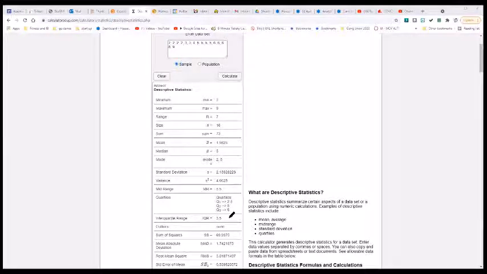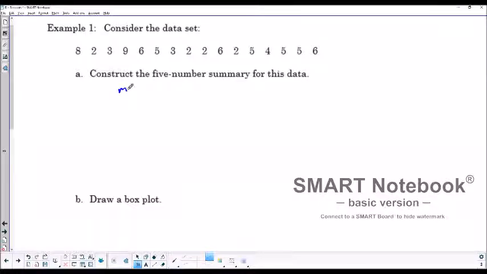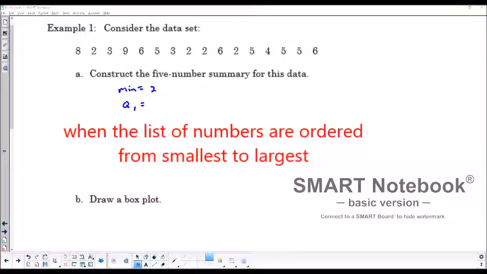and put in all the values here and draw the box plot. So the minimum value is 2, and then we've got Q1, which is, what did I say Q1 was? Q1 is 2.5, so it's halfway between 2 and 3.